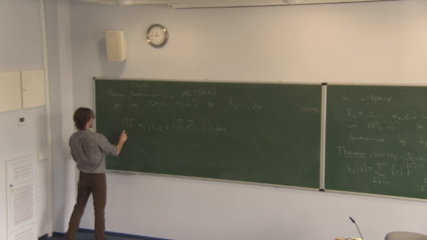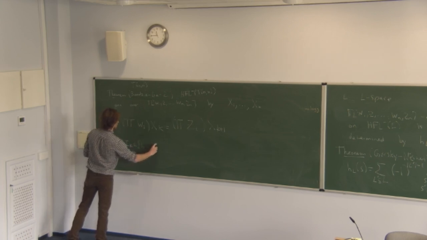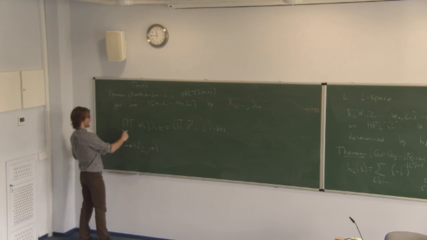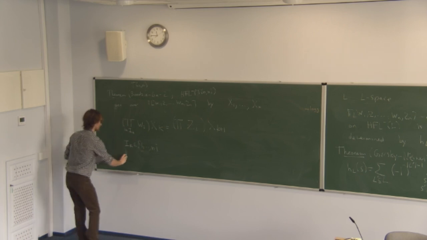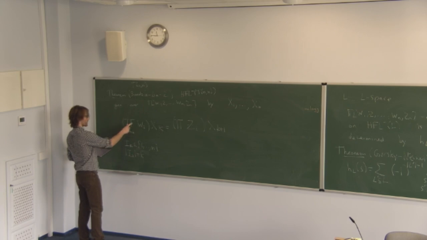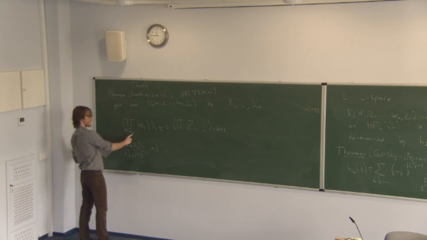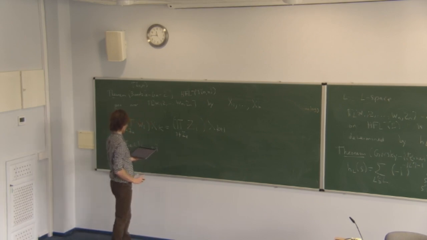This product is going to be as follows: I look at k-element subsets I_k of 1 through n. On this side, I take the product over the indices in I_k, and on the other side the product over indices not in I_k.